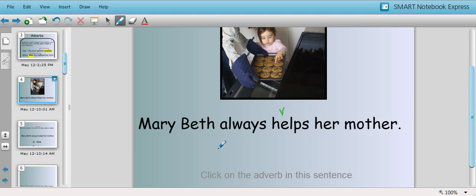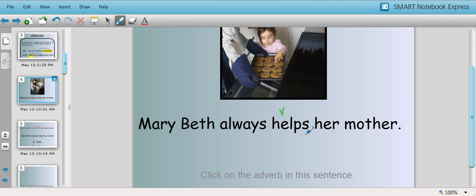Okay, now we need to go and find our adverb. We need to find the word that modifies helps by telling us either how, when, or where Mary Beth helps her mother. So Mary Beth does not modify helps. It does not tell us when, where, or how.